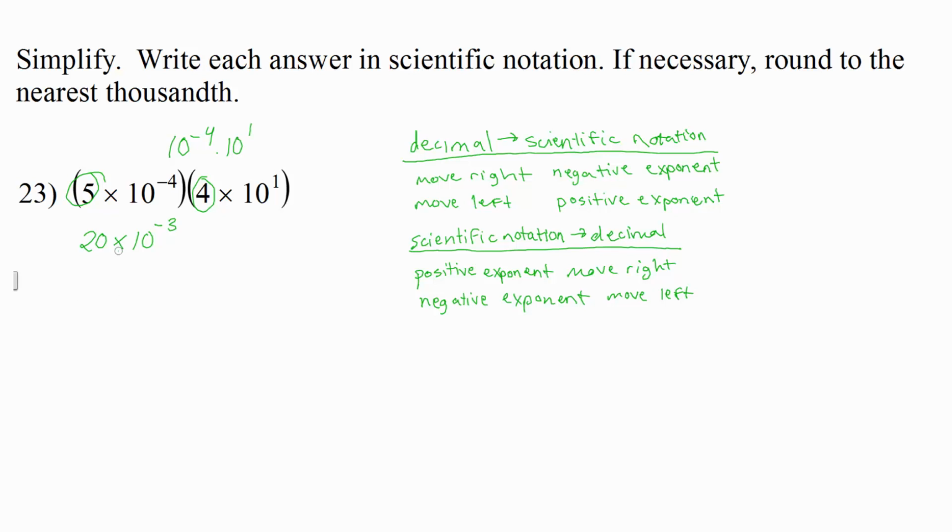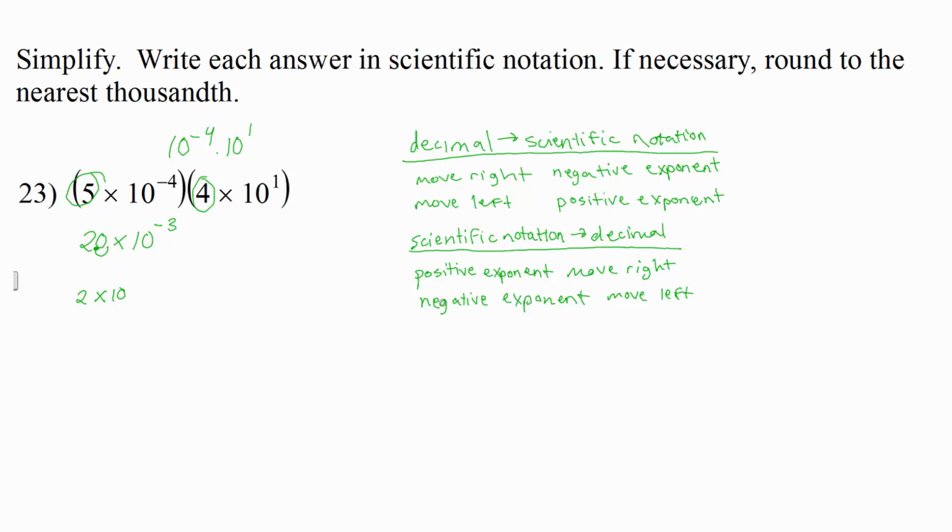So this would be fine if it wasn't for the fact that 20 is too big a number for scientific notation. So we actually need to move this over and make it 2.0 or just 2. Here's the thing that I think is the trickiest part of this: knowing whether that means that we're going to add 1 to this exponent to get negative 2 or subtract 1 to get negative 4.